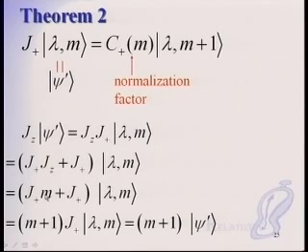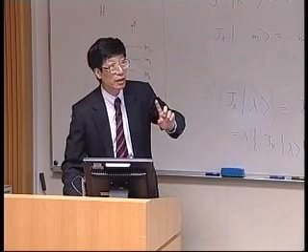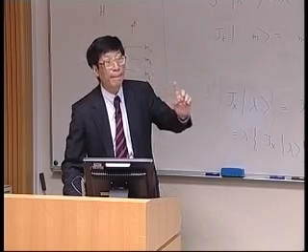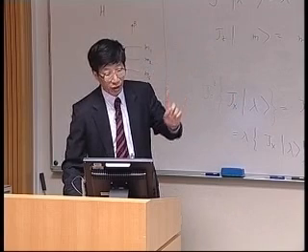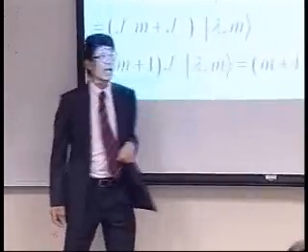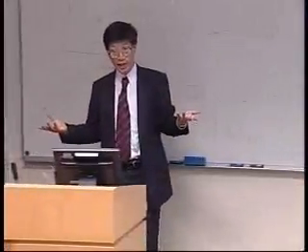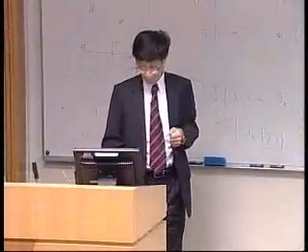Okay? The idea is to move Jz right next to the original state, then it can be turned into the number, the eigenvalue. So you get m plus 1 times J plus this thing, and J plus this thing is just the psi prime. Okay? So that proves that this new state has eigenvalue m plus 1.